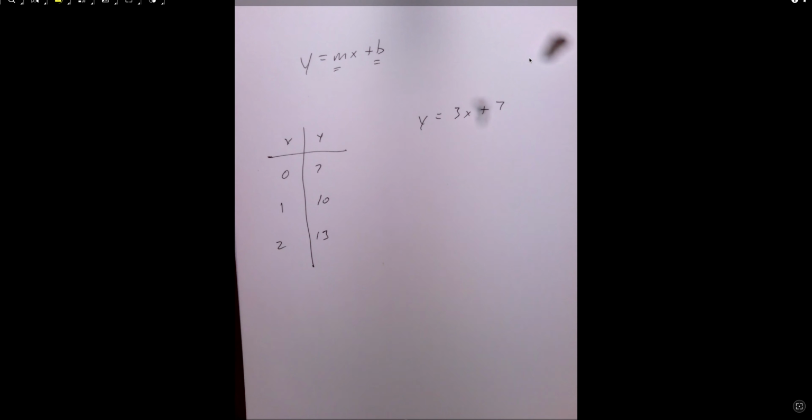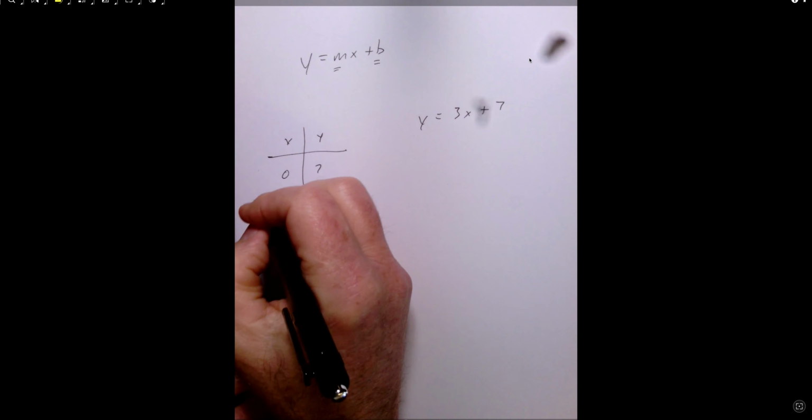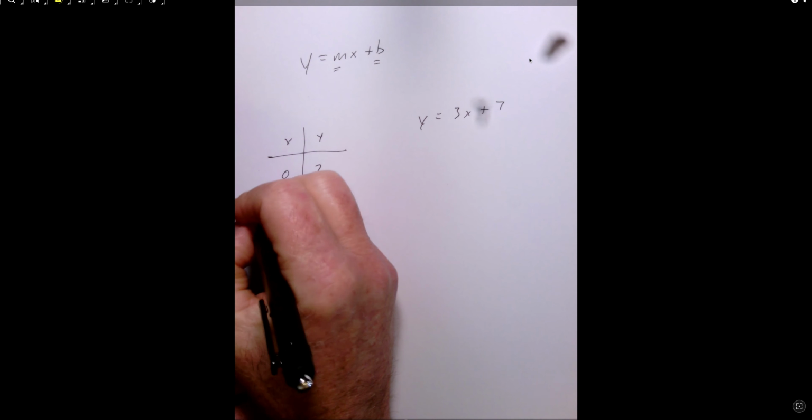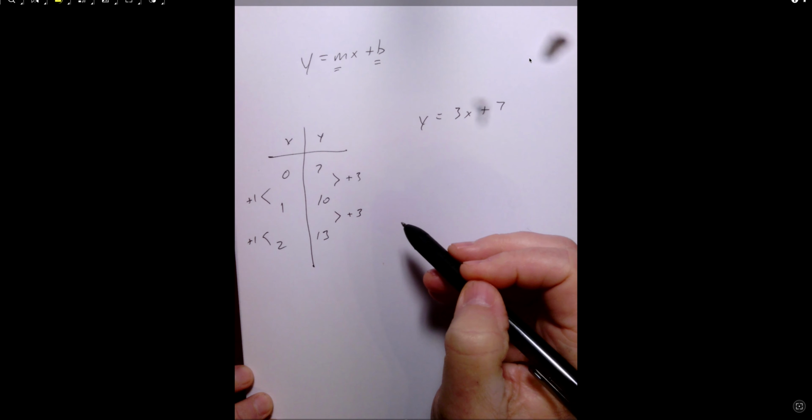All right. Then, in trying to motivate what a slope means and what an intercept means, I say, okay, let's look at this over here. Every time we increase x 1 unit, we increase our y 3 units, don't we?